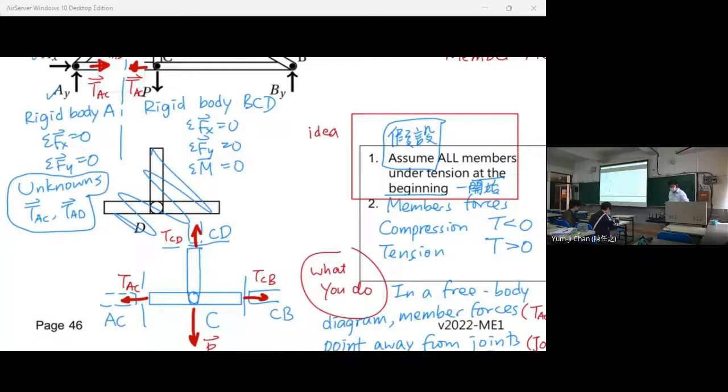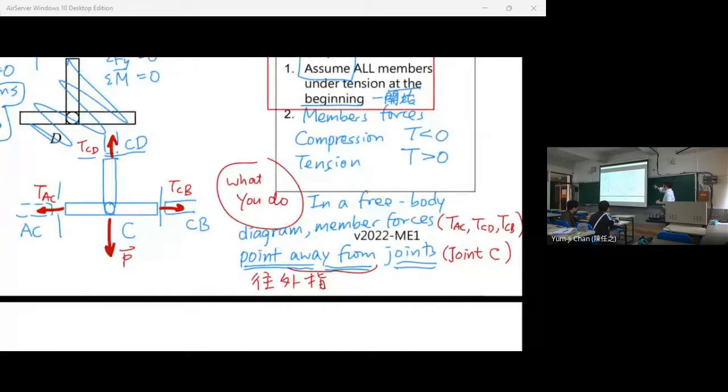So in the free body diagram, these three member forces, for example, should point away from joints. 往外画，记得。If you are fine with this, then we go to the next page.